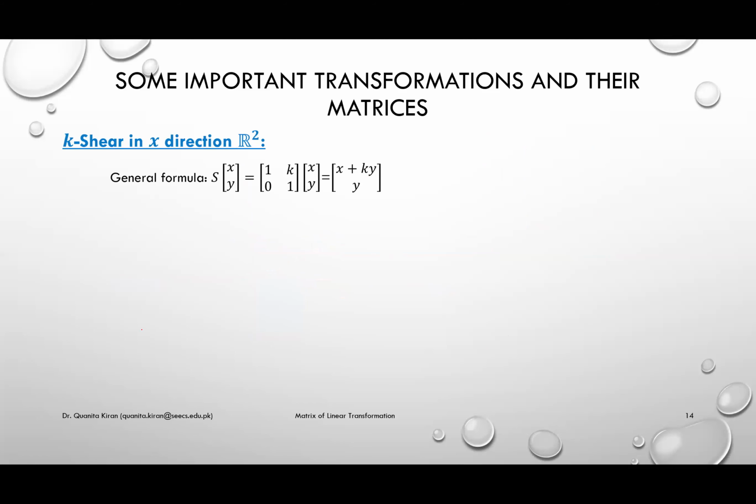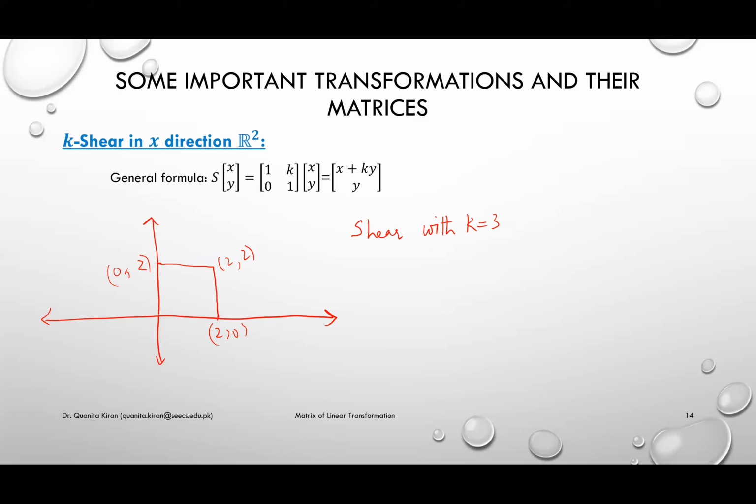We can also see that if we have, let's say, a square and we want to apply shear with k equals 3, then this point is (2, 0), this point is (2, 2), this point is (0, 2), and this point is (0, 0).